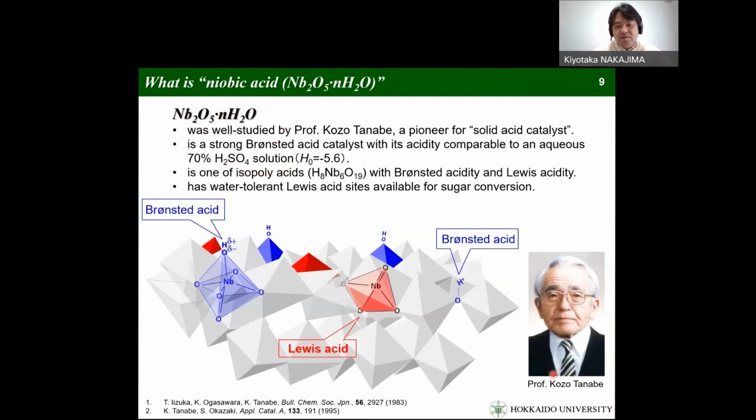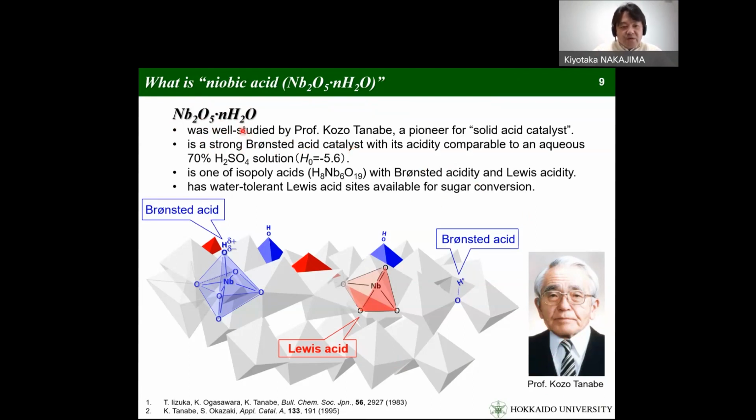Unfortunately, he passed away several years ago, but his great achievements still strongly affect research activity on biomass conversion using heterogeneous catalysts. He found that niobic acid is a strong Brønsted acid catalyst with acidity comparable to an aqueous 78% sulfuric acid solution. This is really strongly acidic.